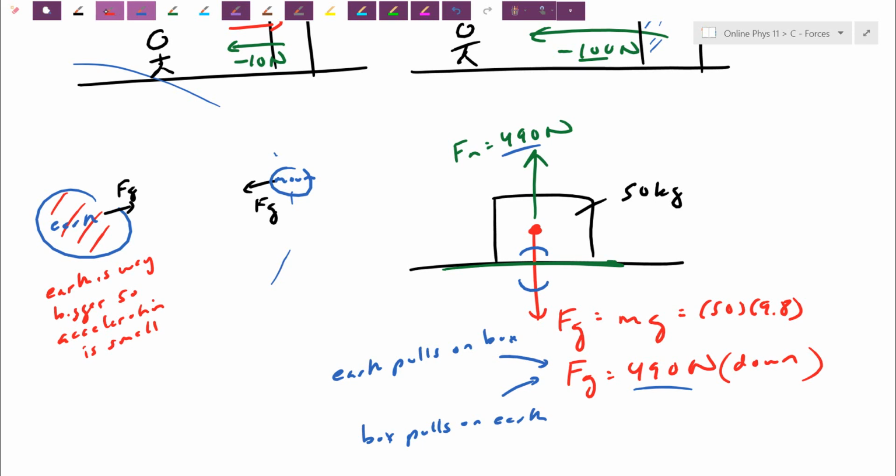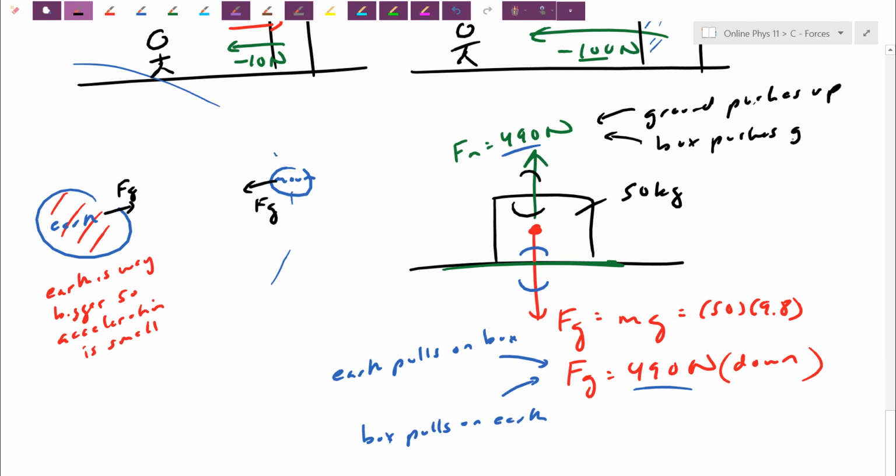In the same way, what's the normal force? The normal force is the ground pushes up 490 to support you. But because this is also an equal and opposite pair, as your box is just sitting there, the box pushes the ground 490.